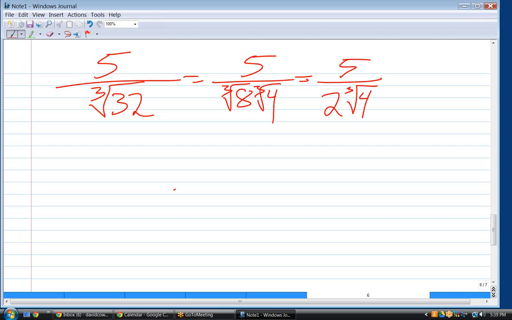Now how do I rationalize the bottom? If I rewrite this, I get 5 over 2 times 4 to the 1/3 power. What do I have to multiply the bottom by to get rid of that irrational 4 to the 1/3?